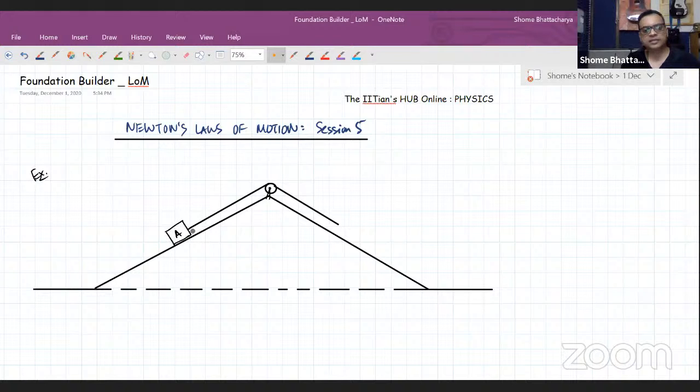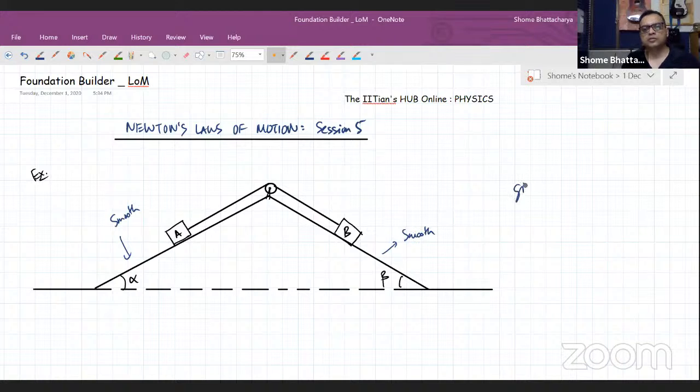There's a block A attached on this side and another block B attached on this side, and this angle is alpha and this angle is beta, and these are both smooth surfaces.